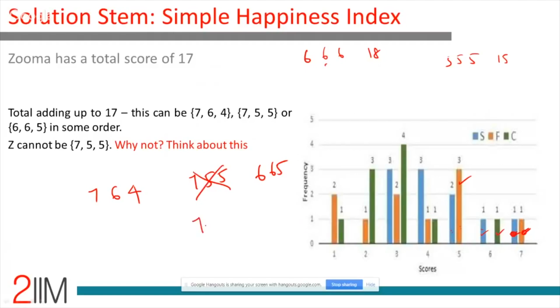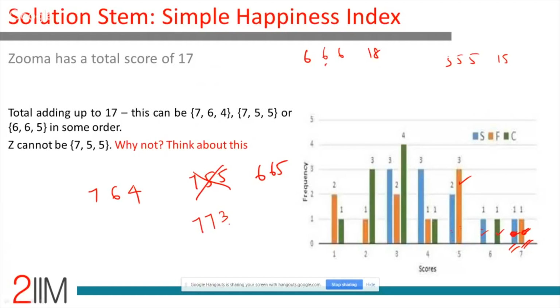You could have thought about a 7 7 3, but a 7 7 would mean 7 in blue and 7 in orange. That means the highest score in both social support and freedom of choice. That's not possible because the highest is from different countries. Each different country has got a different highest. So we need to have room for that.